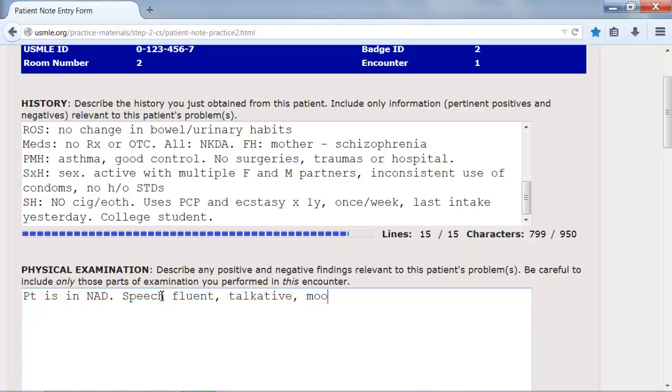Those are all findings for mania. Euphoric. Appearance.